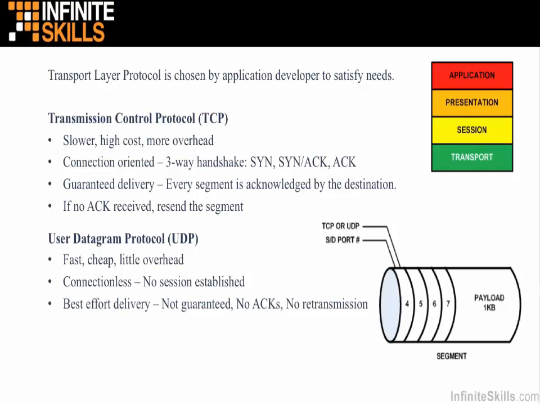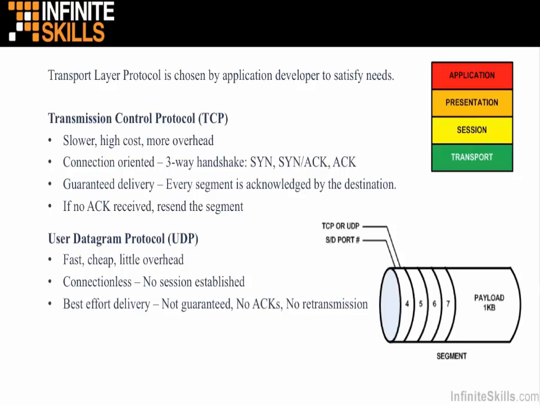Now, UDP, as we said, is quite different from TCP. It has no overhead or very low overhead because there is no connection, no session established. There's no three-way handshake. So there's none of that overhead associated with UDP. When the UDP segment is ready for transmission, the sender simply sends it out. And that's the end of the story because there also is no acknowledgement expected or required from the recipient.